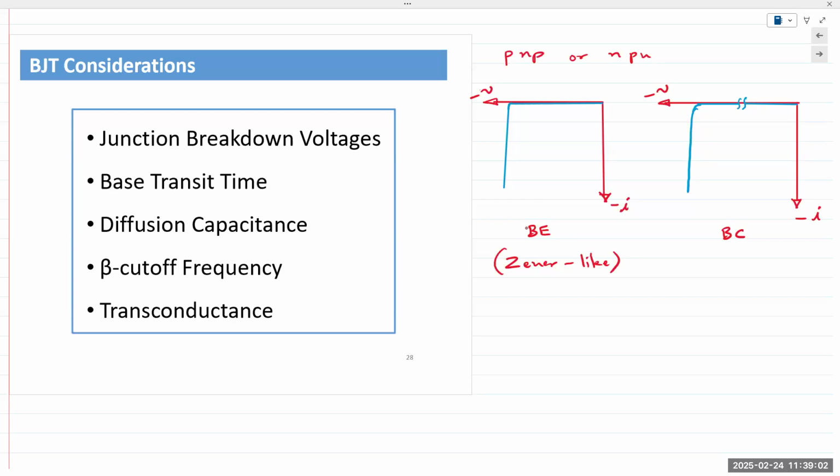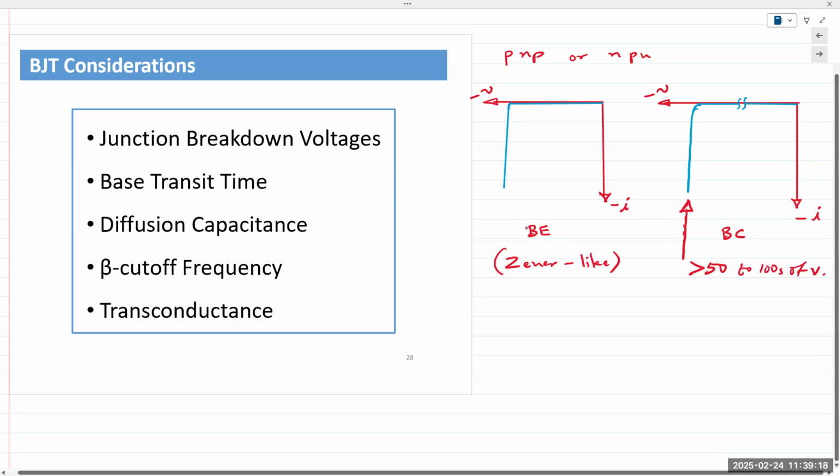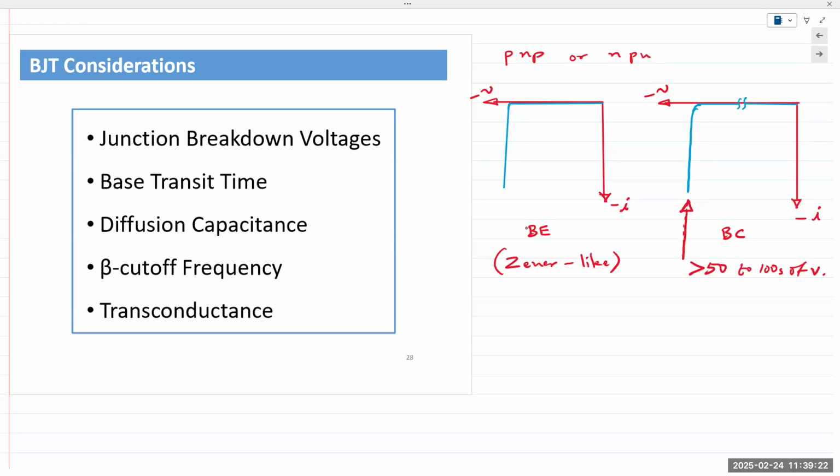The collector junction will not break down until probably greater than 50 to even hundreds of volts. I would say 50 volt at a minimum. High current transistors, probably hundreds of volts.